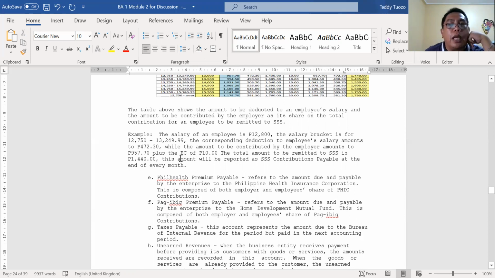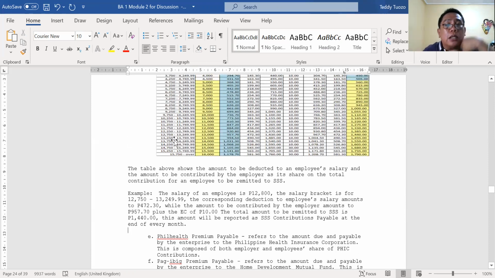So this is how to use the table above. For example, if the salary of the employee is 12,800, you simply locate 12,800. It is between 12,750 and 13,249.99. The corresponding deduction of the employee amounts to 472.30.